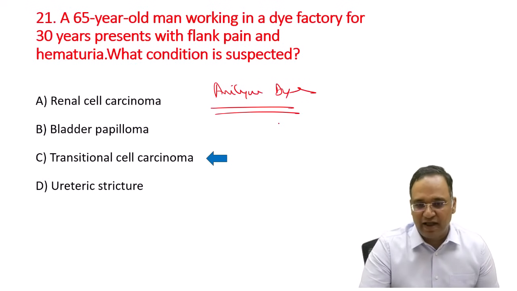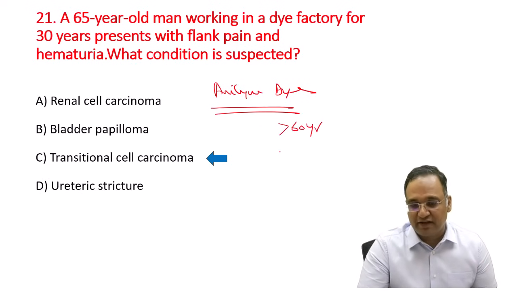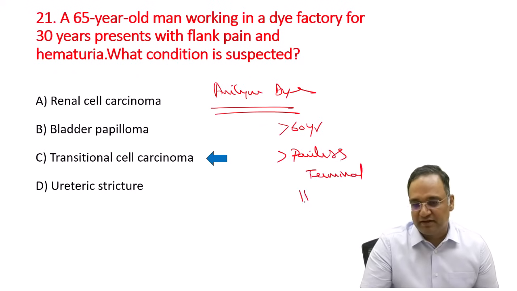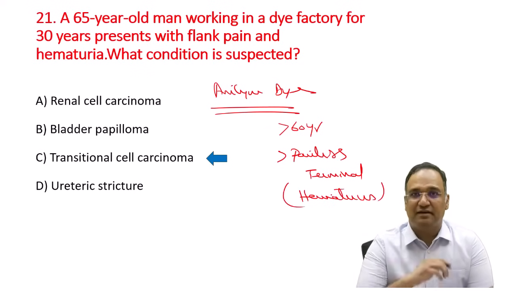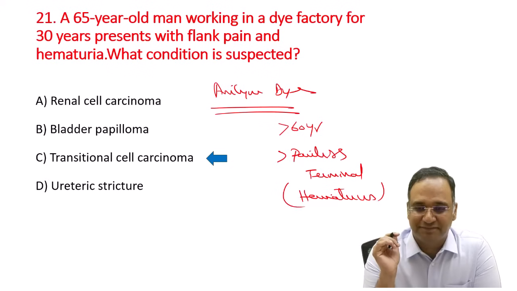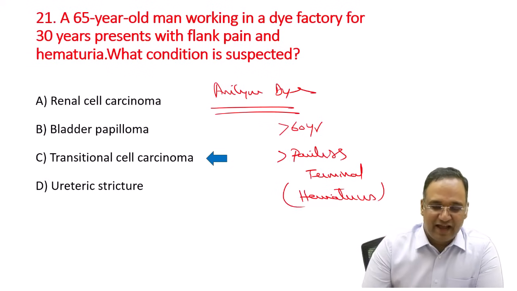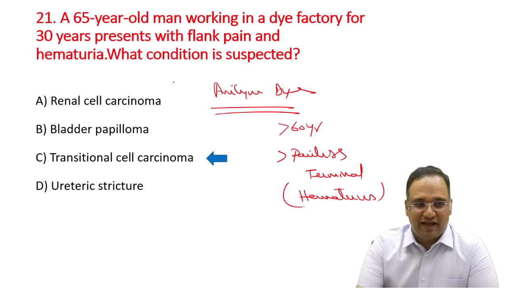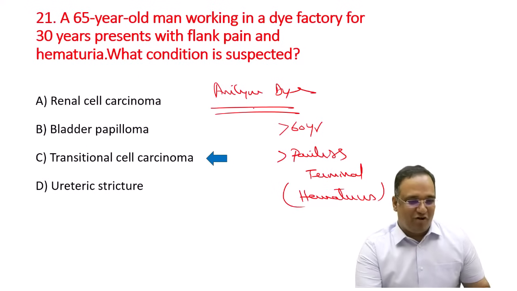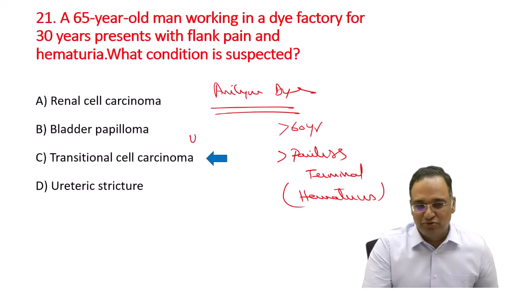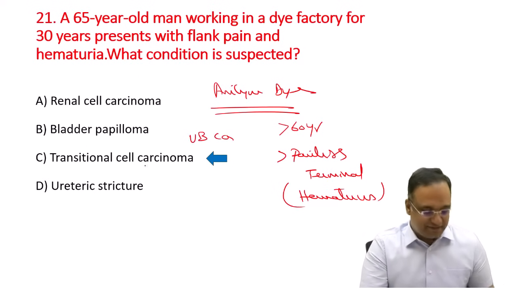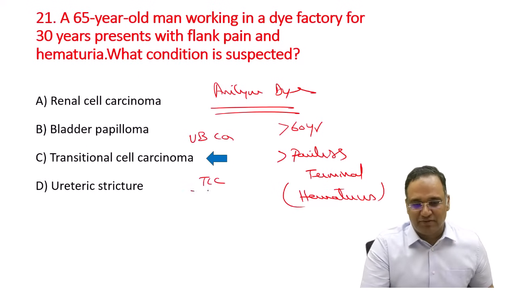Most of the patients will be elderly, more than 60 years, and the classical presentation is painless terminal hematuria. Elderly patient, painless terminal hematuria, and history of working in a dye factory: obviously urinary bladder cancer, and the most common bladder cancer is transitional cell carcinoma.